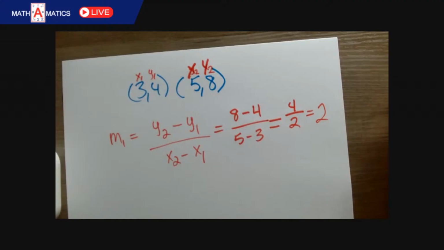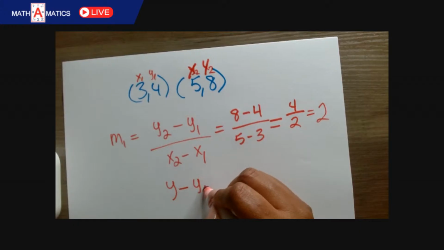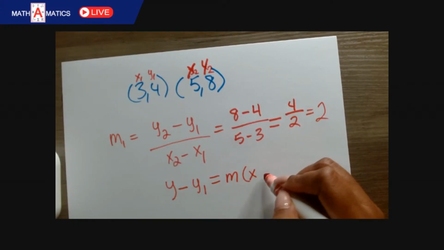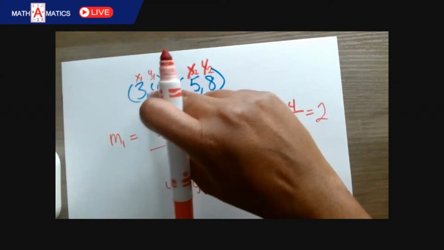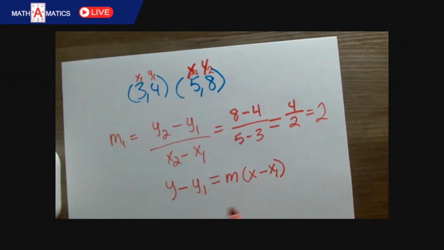And so we can use the point slope equation that says y minus y1 is equal to m times x minus x1, so that we can find the equation of our line. And because we use both points to find our slope, you can use either point to plug into this equation.